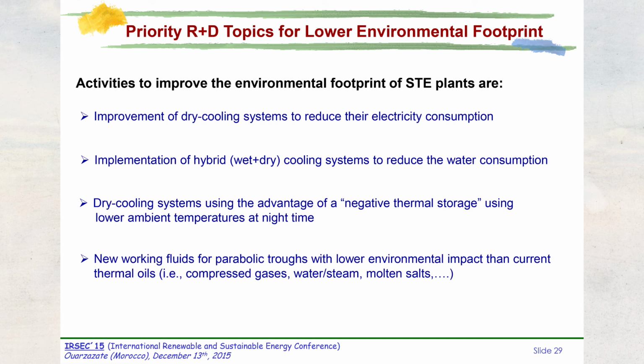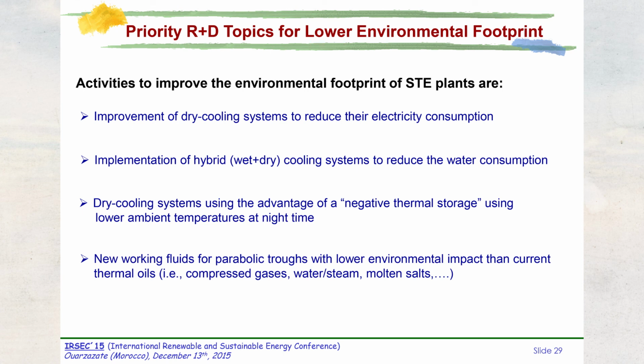And we also have what we call negative thermal storage. What's negative thermal storage? Well, it could be a very good option for desertic areas where the overnight temperatures are very low and the temperatures during sunlight hours are very high.